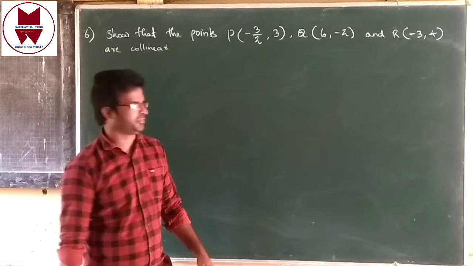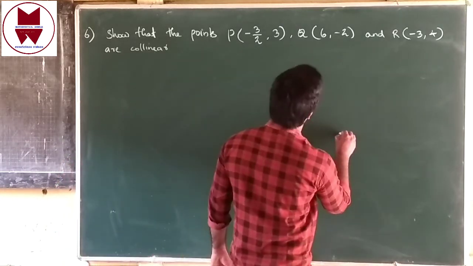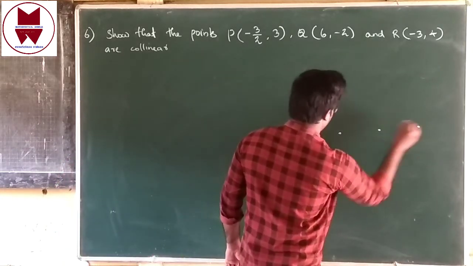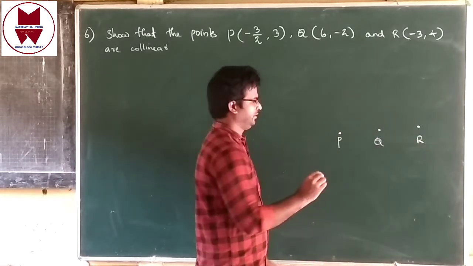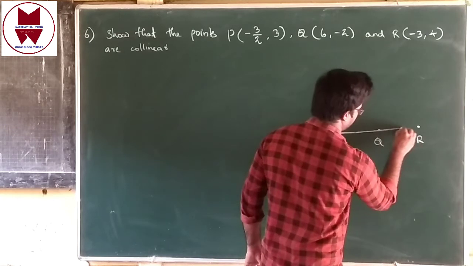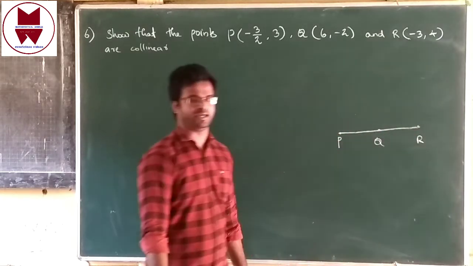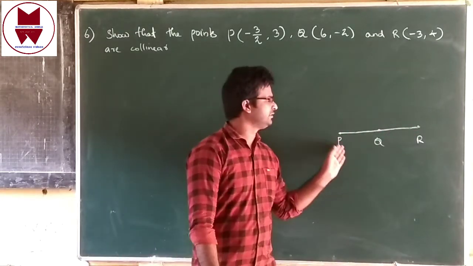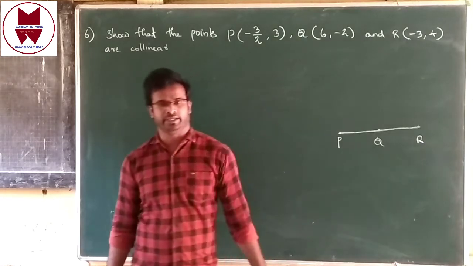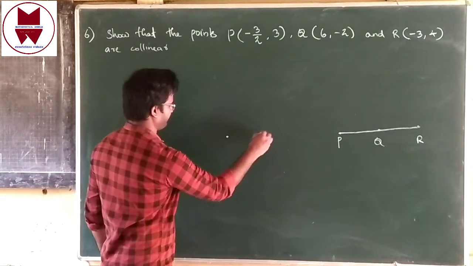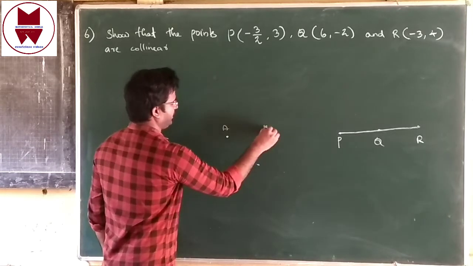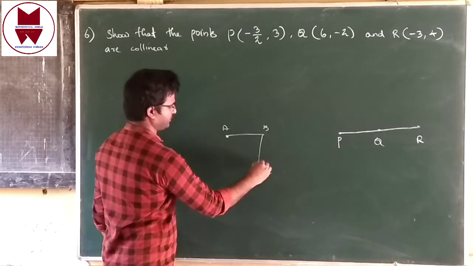What is collinear points? Just consider 3 points P, Q, R. If you join that 3 points, if you get one straight line, that time we can say these 3 points are collinear points. Then just consider another point A, B, C. Just join that.